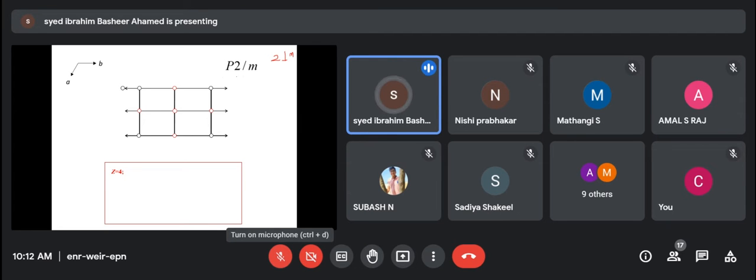That's what P2 over M is. I am indicating the twofold rotation axis with a double-headed arrow here, and I have a mirror plane perpendicular to the twofold rotation axis, indicated with a thicker line. So you have a twofold rotation over here.